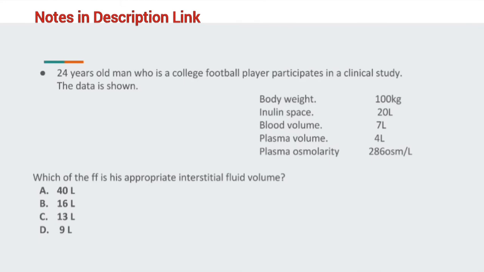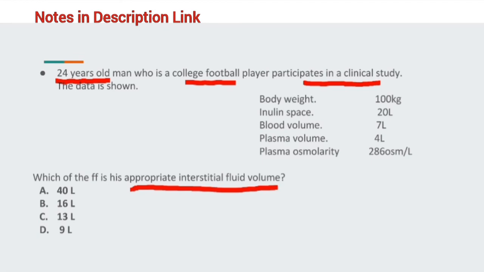Let's discuss one question based on the concept which we discussed. A 24-year-old man who is a football player participated in a clinical study. We need to find his interstitial fluid volume.